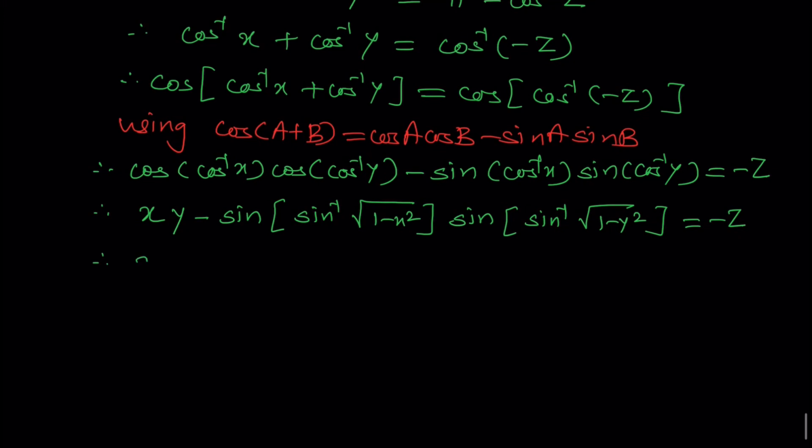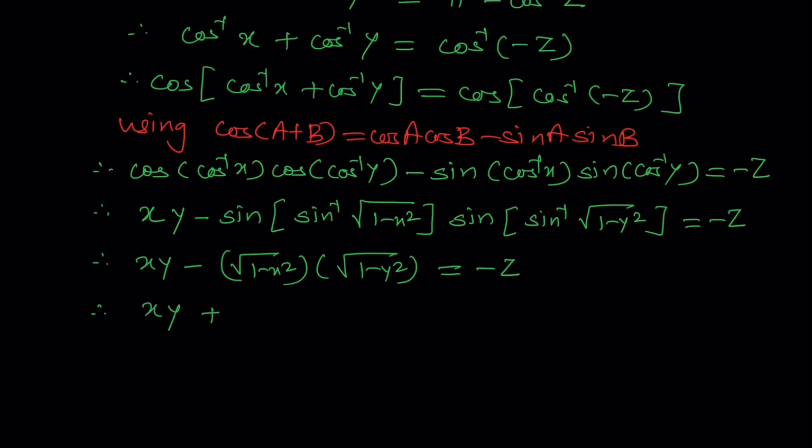Therefore, x into y minus, now this is nothing but root 1 minus x square, this is nothing but root 1 minus y square, is equal to minus z. Therefore, now let's rearrange the terms. xy plus z is equal to root 1 minus x square into root 1 minus y square.